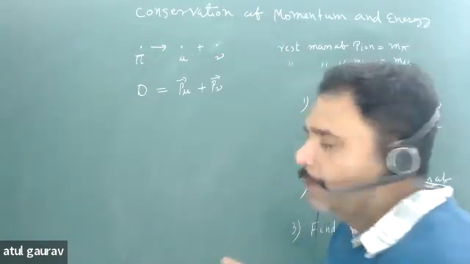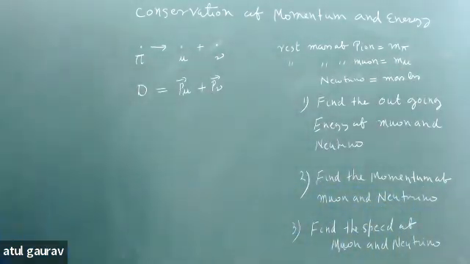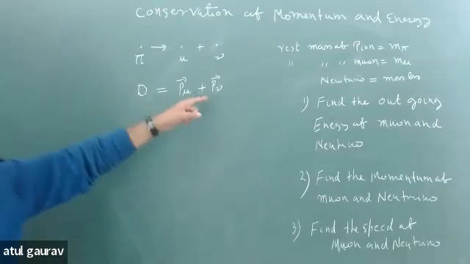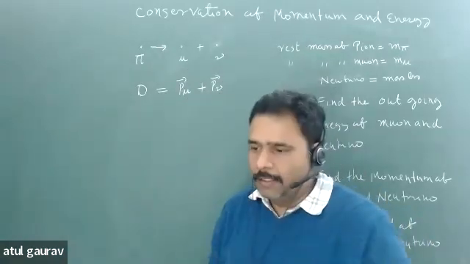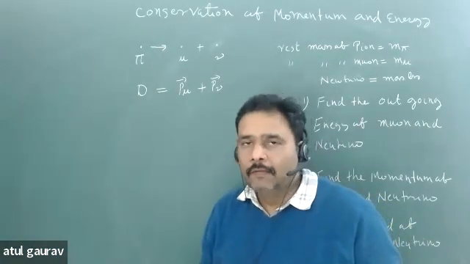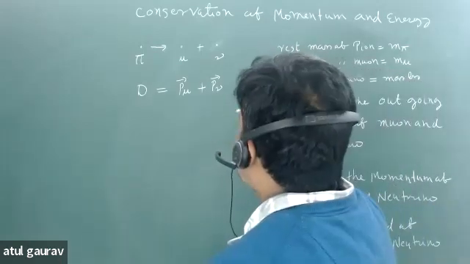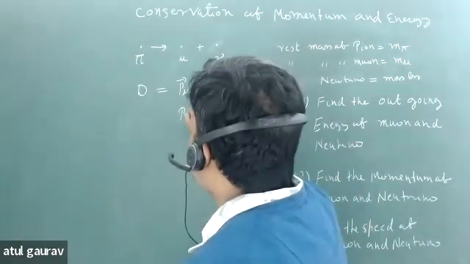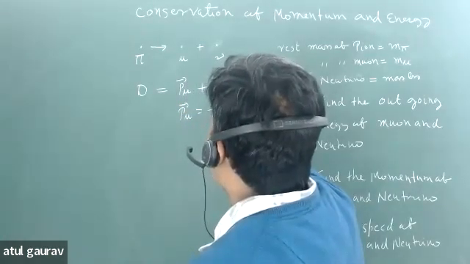Now please mind it: even if your neutrino is massless, it has some momentum. We have this type of concept in relativistic mechanics. So P mu is equal to minus P nu.